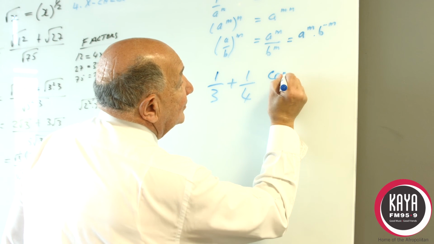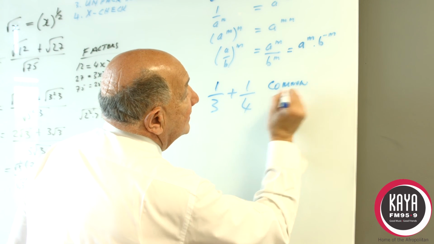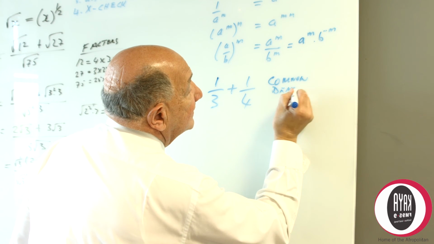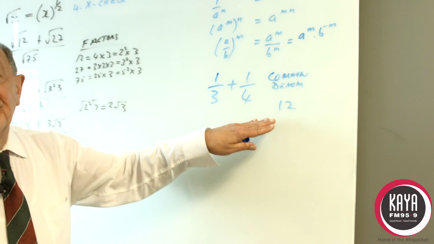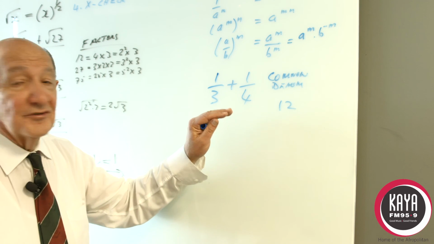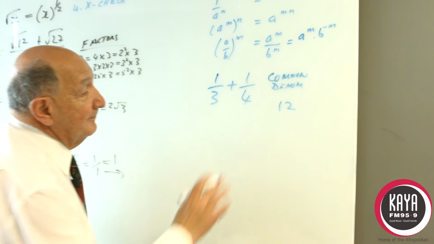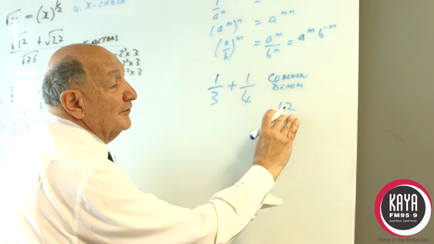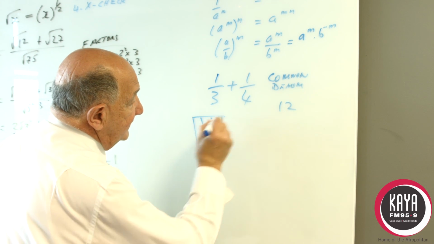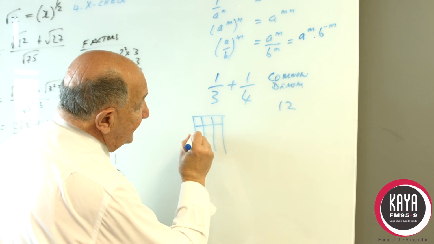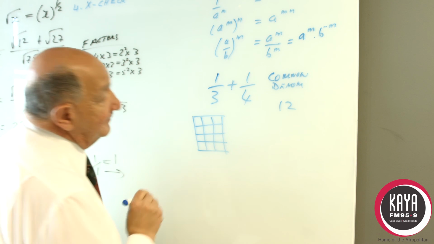So your common denominator is 12. Instead of solving it in the usual way, I'm going to show you how to solve it graphically. If we draw a grid of 12, that'll be like that. So it's a 3 by 4 grid.